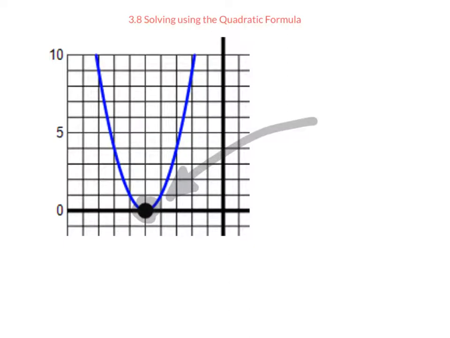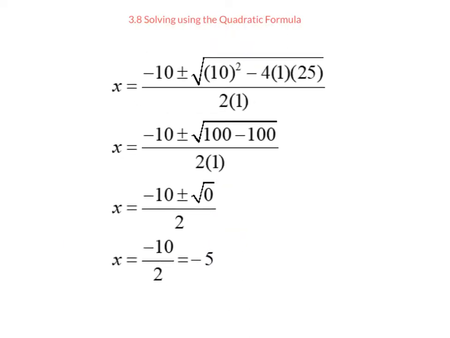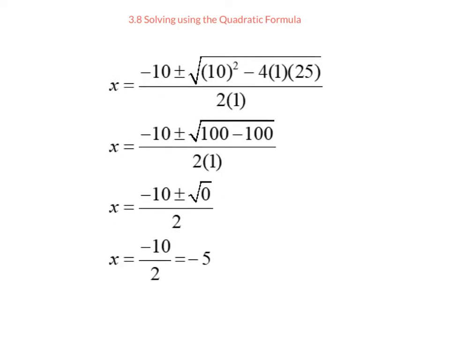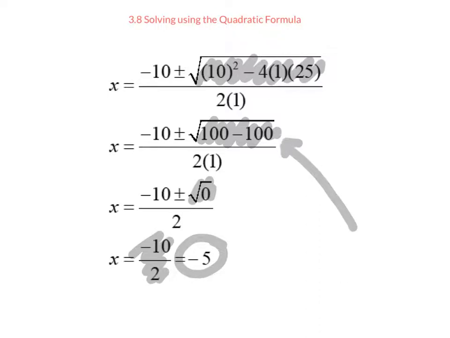Here's an example: when you place in your values, watch what happens in the discriminant. As I work this out, it zeroes out, and so all I get is that singular value. So case 1 is when the discriminant zeroes out, signifying you've hit the vertex and have a singular solution.